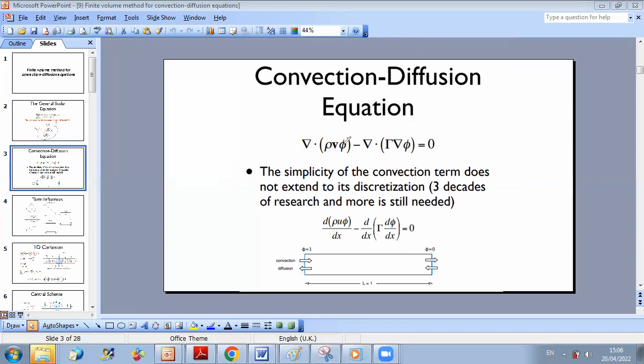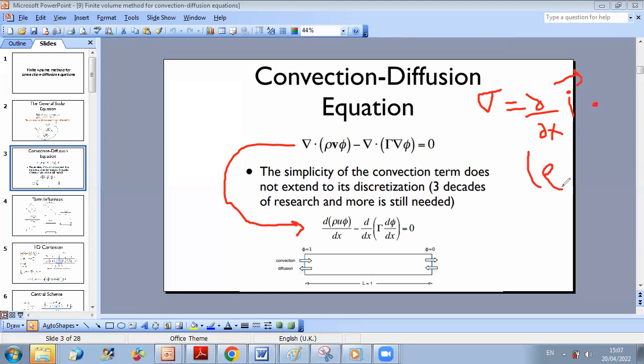So if you want in 1D, let us write this equation in 1D. In 1D, we said that the grad operator is equal to del by del x i plus del by del y j, etc. But since we have a 1D application here, it's del by del x i. And you are doing a dot scalar product with rho times velocity vector times phi.